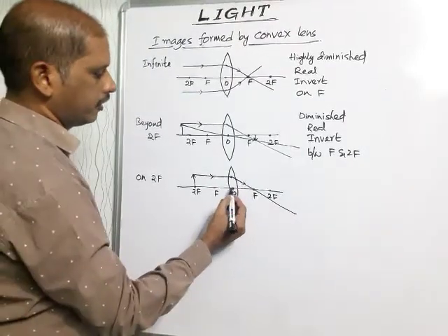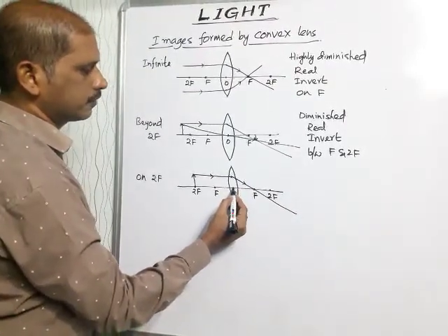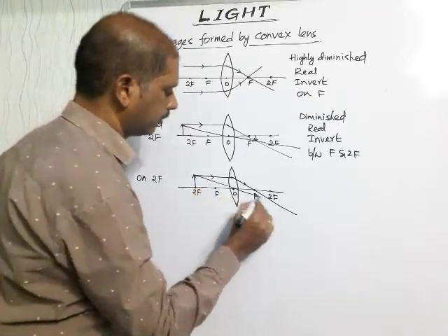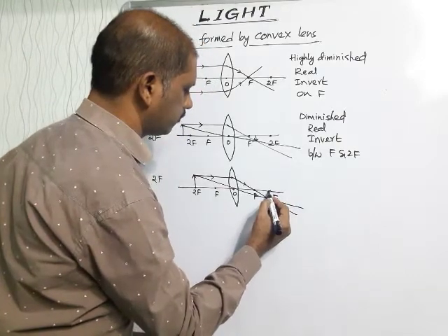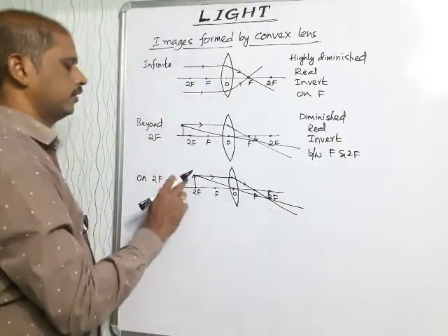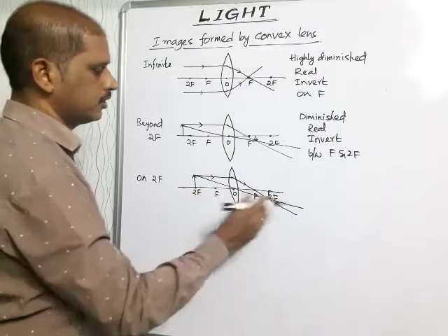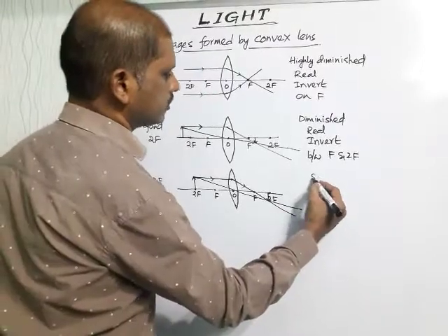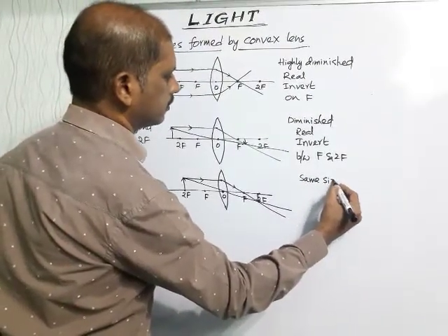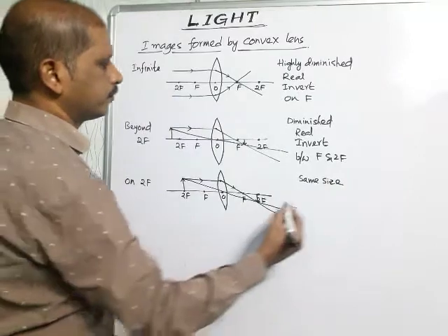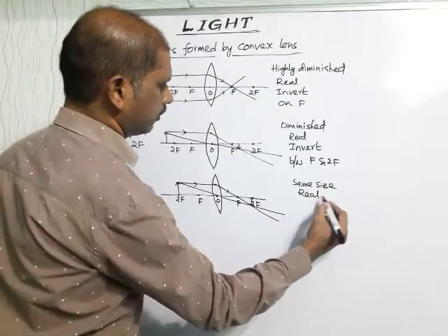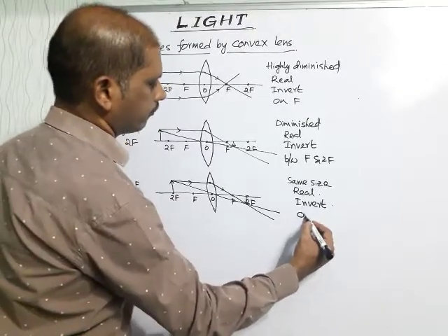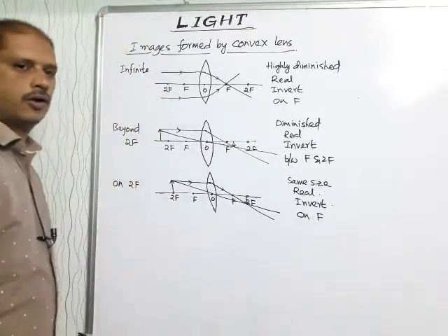Another ray I will take passes through the optical center without any deviation, without any refraction. So the image is formed exactly on 2f. If you observe, the size of the image is the same as the size of the object. This is also a real and inverted image, formed exactly on 2f.